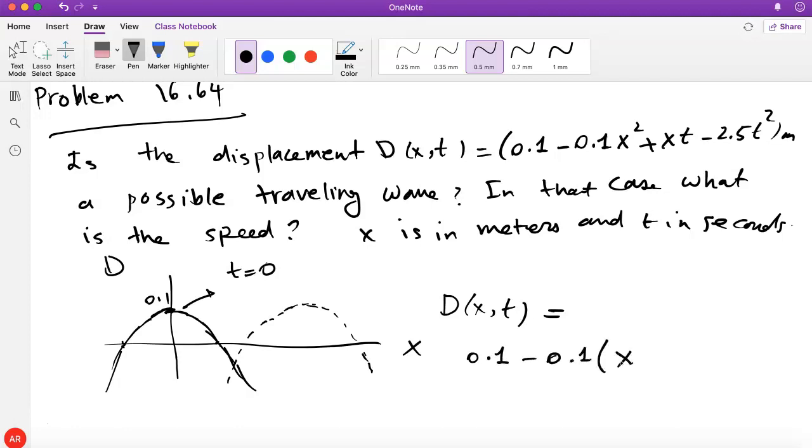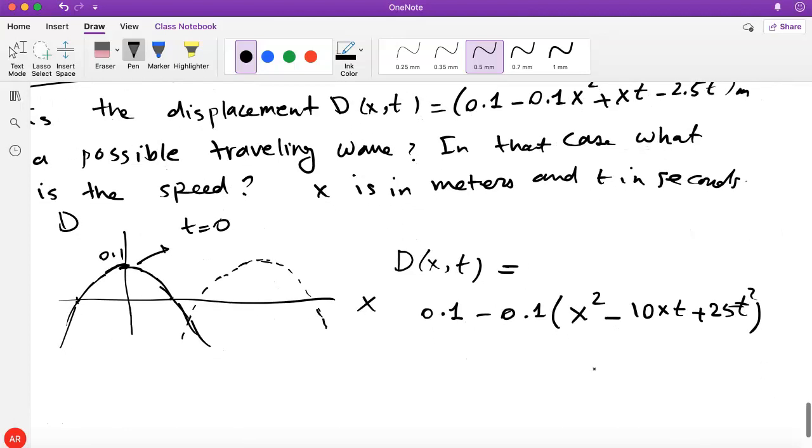So I get x squared minus 10 xt plus 25, right? 25 times 0.1 is 2.5. 10 times 0.1 is 1. T squared.